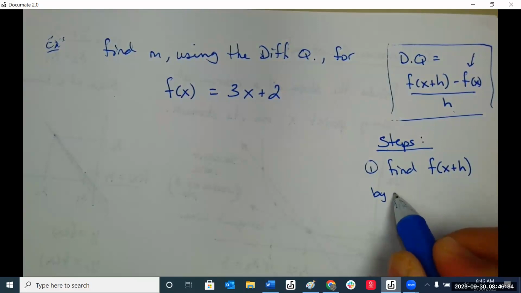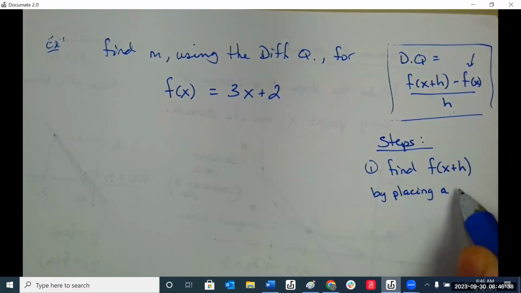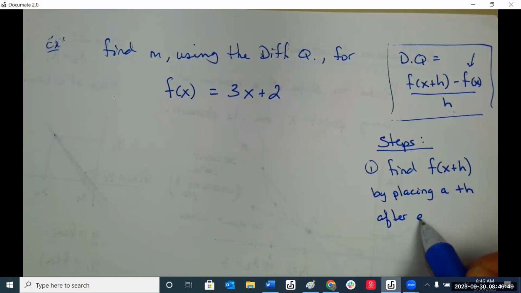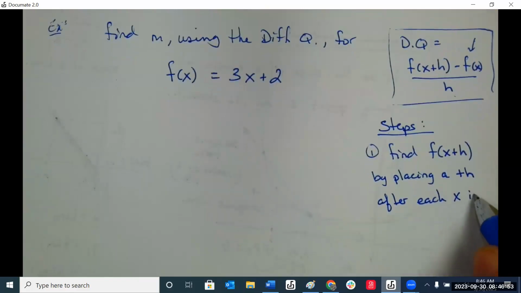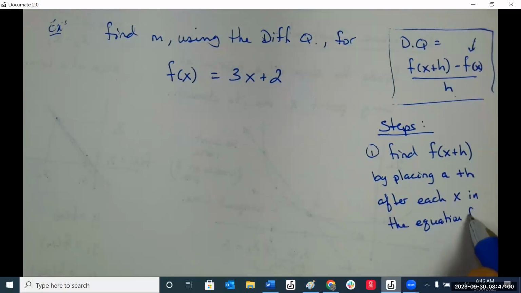You do this by placing a plus h after each x in the equation f of x.